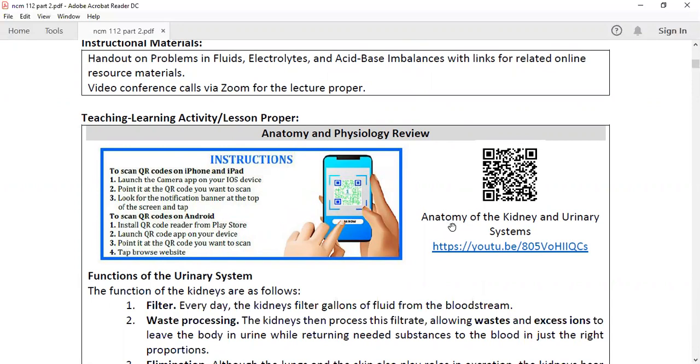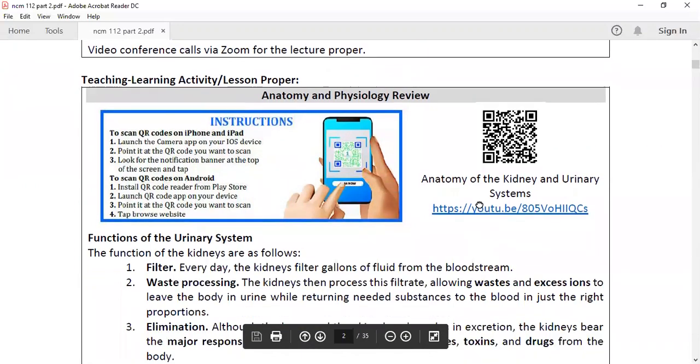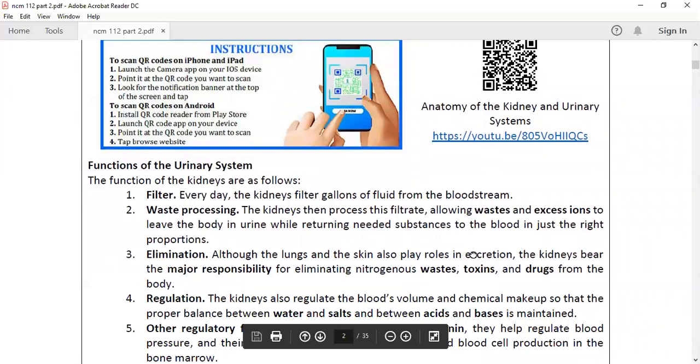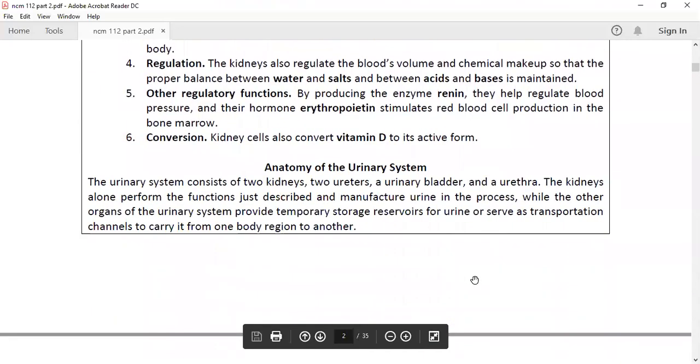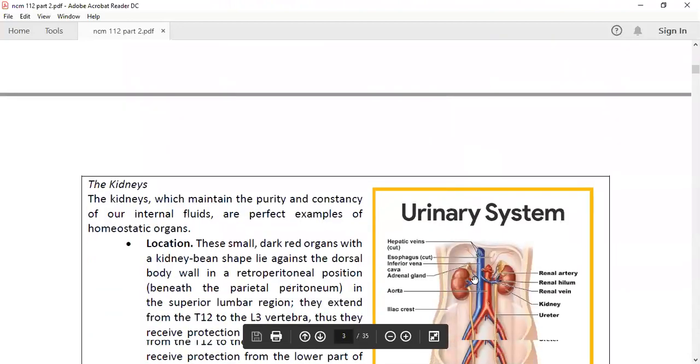Now, before we proceed, since this is already a review for you, I would like you to watch the Osmosis video, and the QR code is provided here for you. In this review, I would like to focus more on the discussions of the important concepts in your physiology.